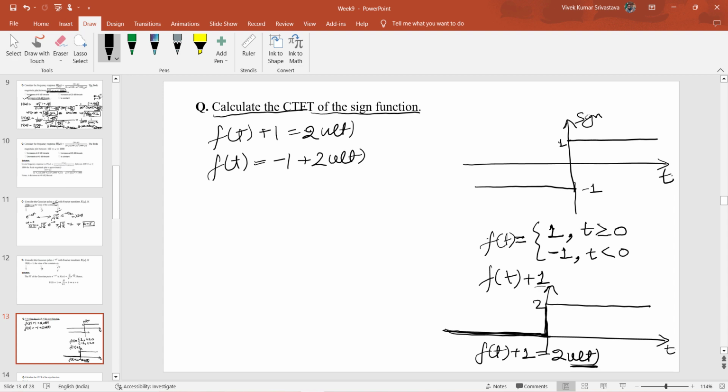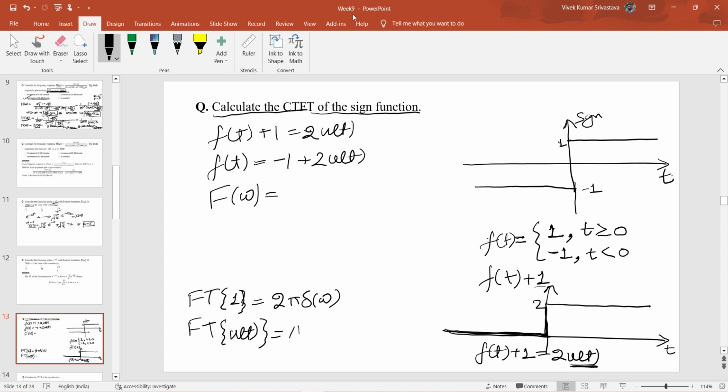Now we can take the Fourier transform of this function, which can be written as F of omega. As we know, the Fourier transform of 1 is defined as 2 pi delta of omega, whereas the Fourier transform of u of t is nothing but pi delta of omega plus 1 over j omega.